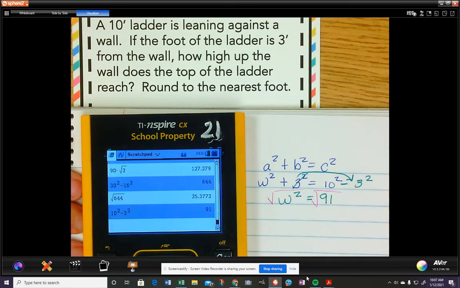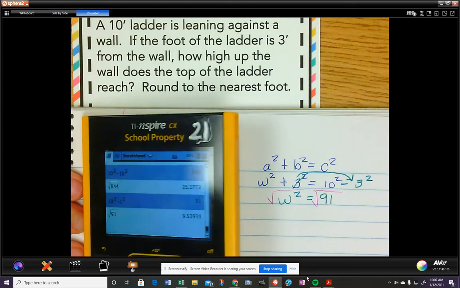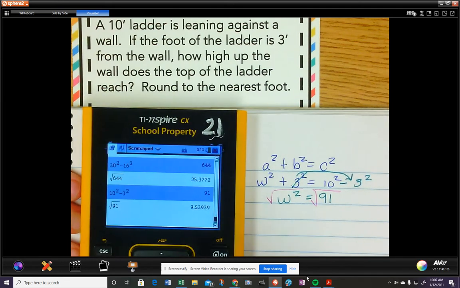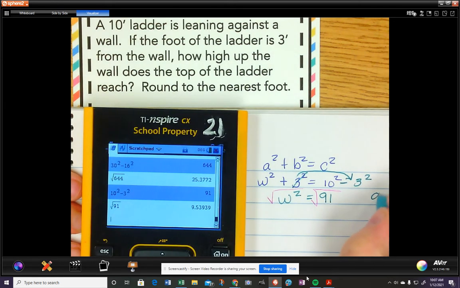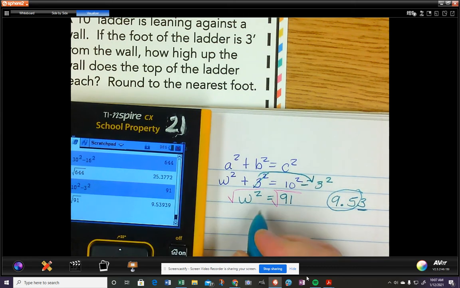Okay. So control square root. I get 9.53. This number is less than 5, so I'm going to keep the 9.5. So w equals 9.5 feet.